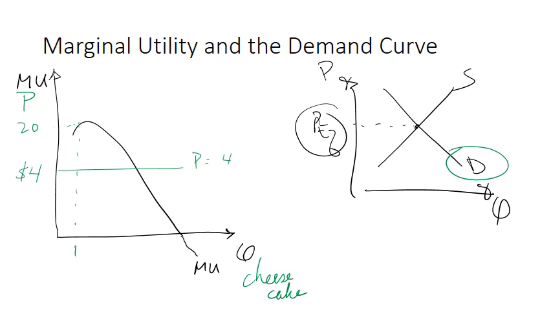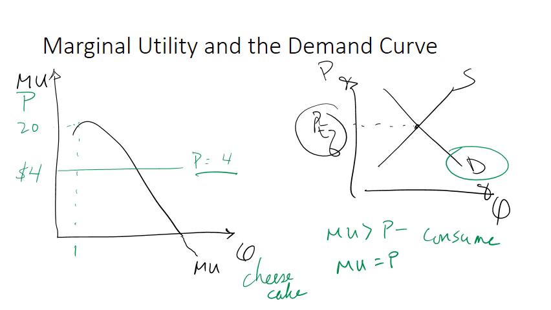And the answer would of course be yes. That's a great deal. It's $20 worth of happiness, but I only have to pay 4. Well, as long as MU is greater than price, you're going to buy. You are going to consume. And you're going to consume all the way up to the point where MU equals P.